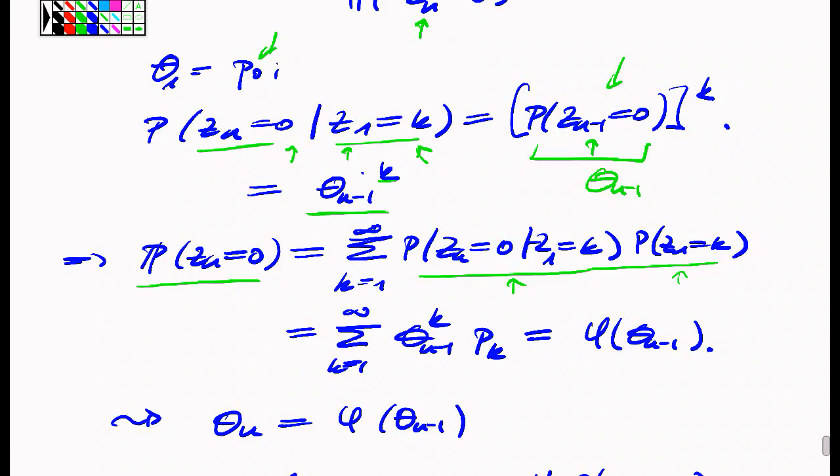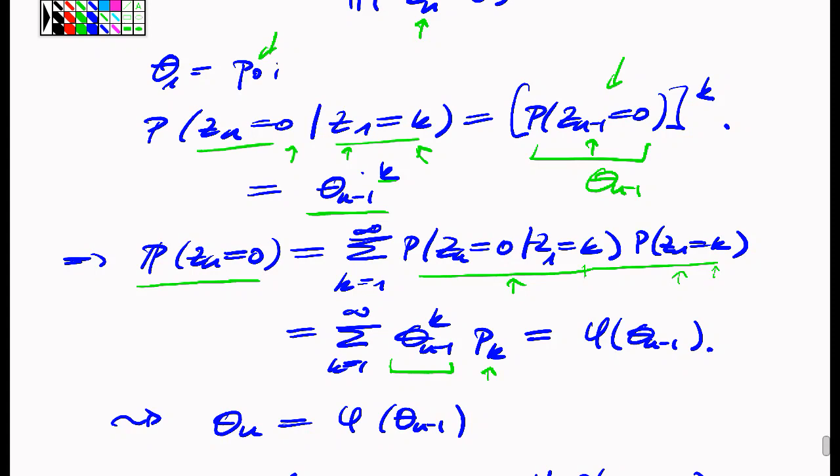We have convinced ourselves that this number here, for each k, which is the possible number of offspring of individual number 0, is theta n-1 to the power k, and this probability here was the p_k, the probability that in one offspring we have exactly k children.